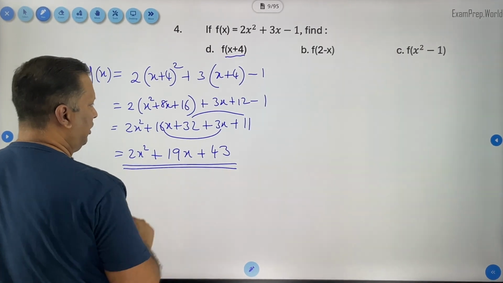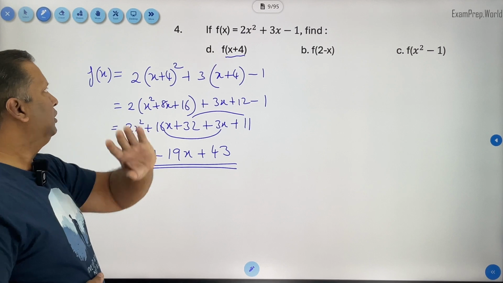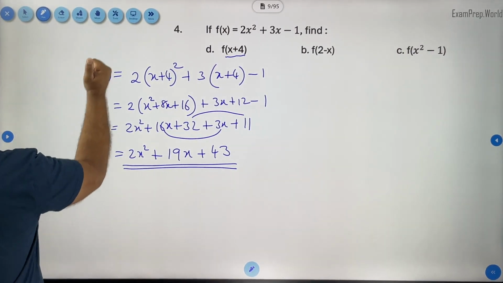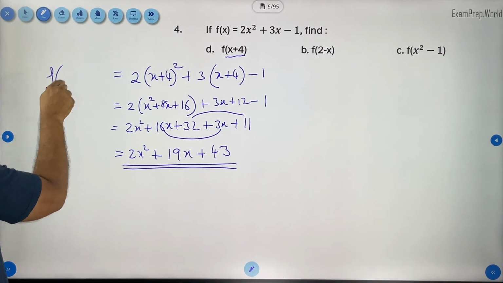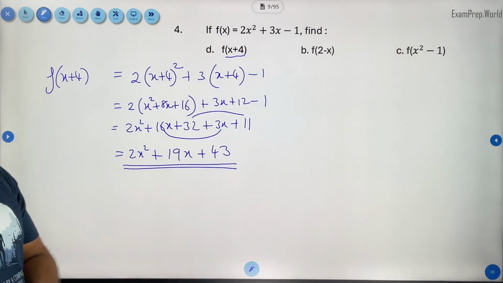So this is the simplified function for f of x plus 4, right? So instead of x, why don't we write x plus 4 here? Because we are finding the value of f of x plus 4. So write it like this, that is more precise. Okay.